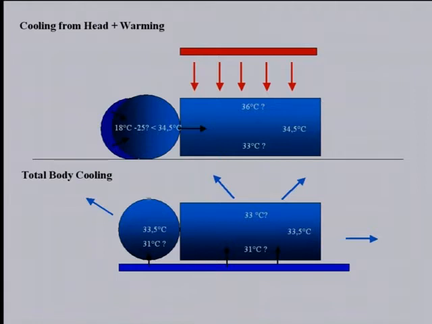The occiput, which is lying on the mattress, and the back will have a lower temperature than the other parts of the body which is away from the cooling mattress. But in principle, the cool cap trial was using the cool cap and regulated the body temperature with a heater. This systemic body cooling loses the heat to the environment and regulates the temperature with a cooling mattress. Next slide.